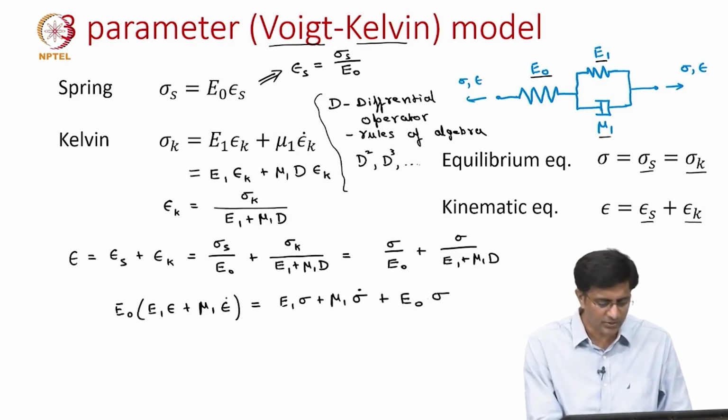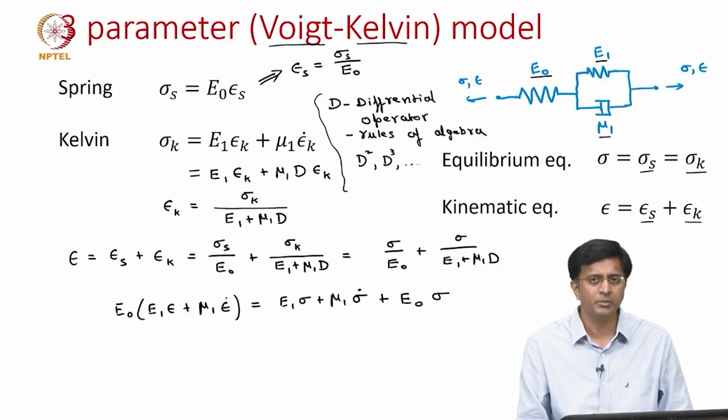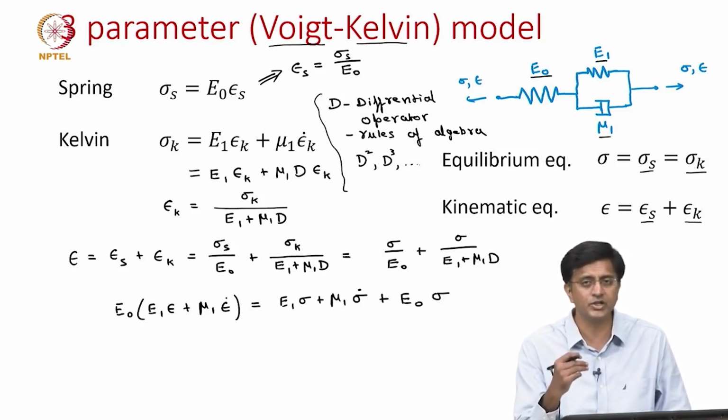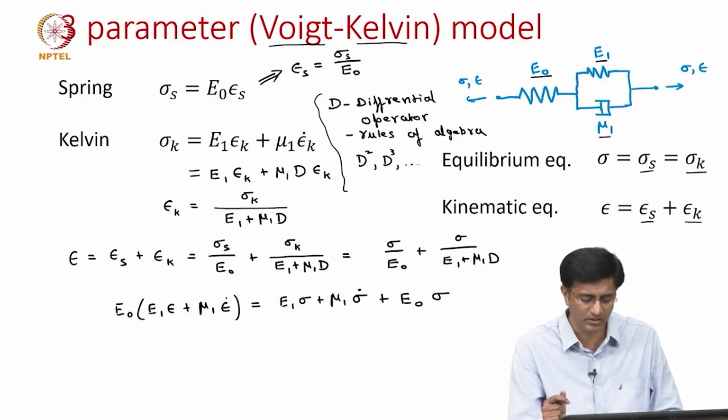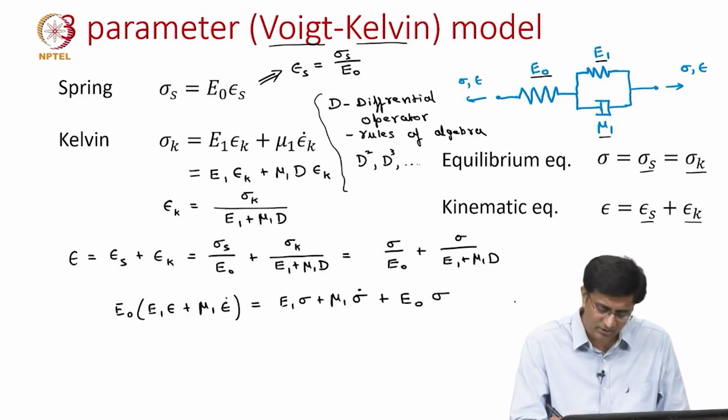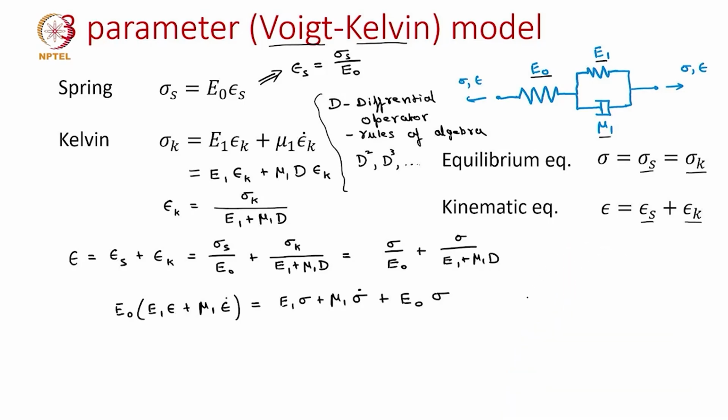So, this is the relation between the stress and strain, but as we know, there is a standard form we write the differential equations for a viscoelastic material, which is like this. So, usually we start with sigma without a coefficient and then add coefficients to higher derivatives of stress.